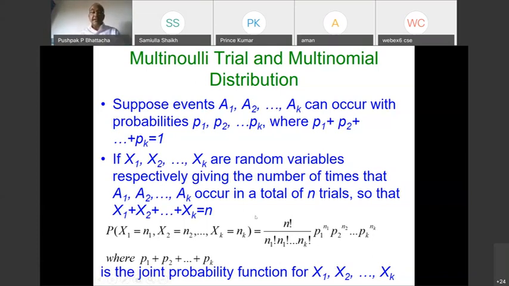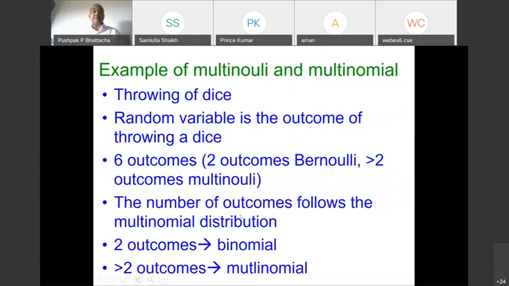And the example for that would be the throwing of dice, which we can relate to. The random variable is the outcome of throwing a dice. In coin tossing, we have 2 outcomes. In dice throwing, we have 6 outcomes, so more than 2 outcomes.